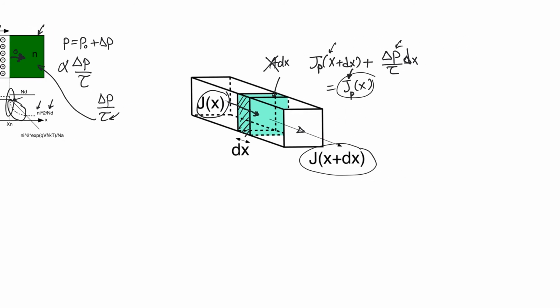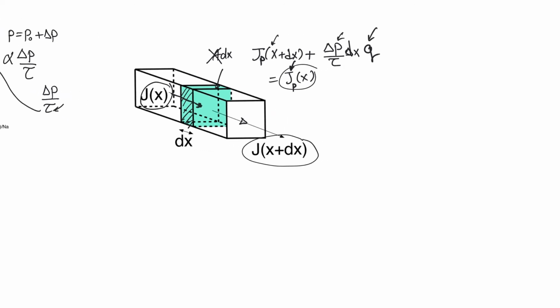And what kind of current is this? This is obviously diffusion current, because we have excess holes diffusing from the p side to the n side. Now we have a missing q in this equation just to make the units work out. It has to be a charge, not a carrier concentration units.